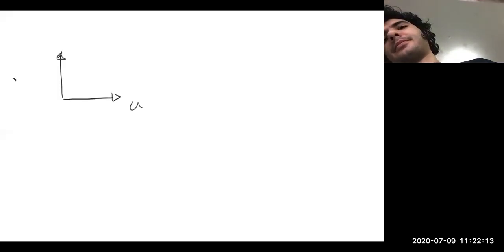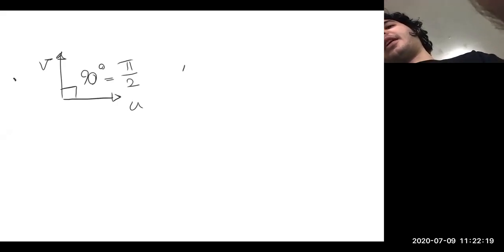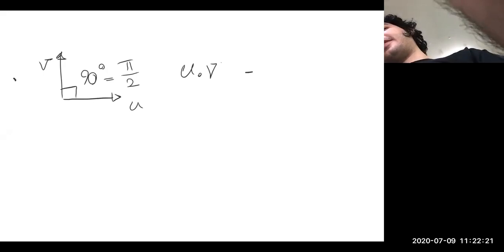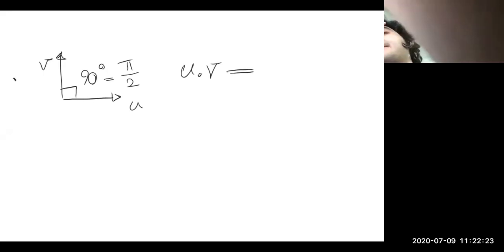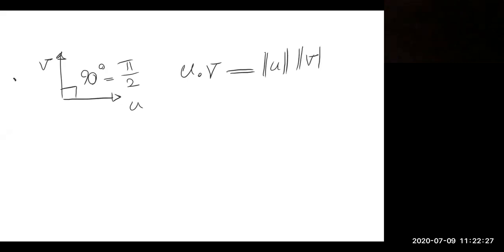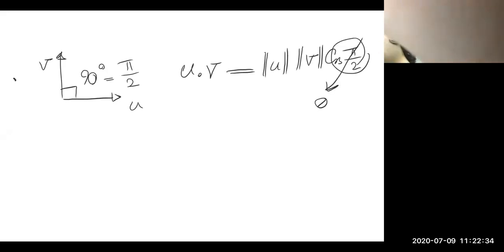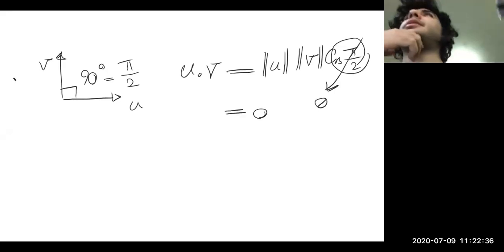Continue. So if you have two vectors u and v, and the angle between them is 90 degrees, which is pi over 2, the dot product or inner product of them would be 0, because we have the length of u, the length of v, times cosine of pi over 2. But cosine of pi over 2 is 0. So the inner product of them would be 0.